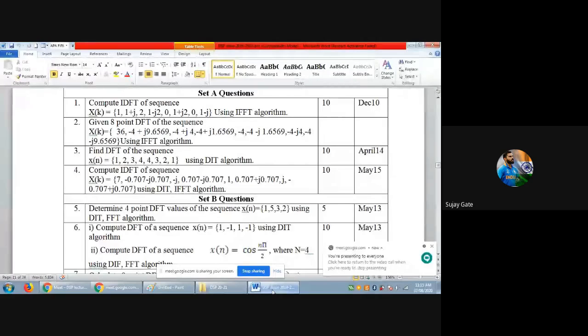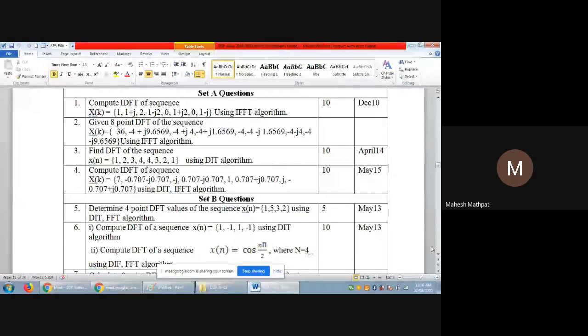Compute IDFT of sequence x of k equal to 7, minus 0.707 minus j 0.707, minus j, 0.707 minus j 0.707, using DIT IFFT algorithm.